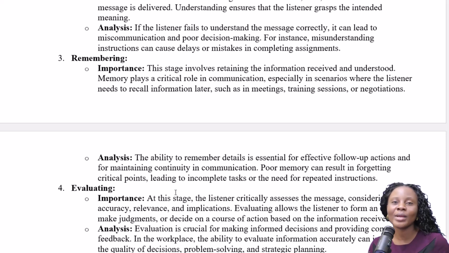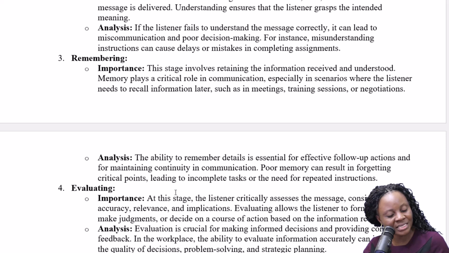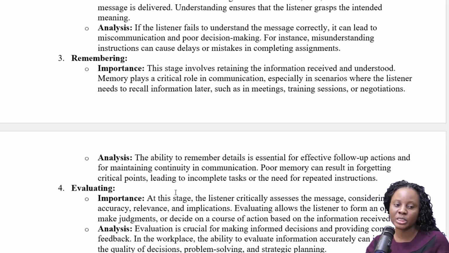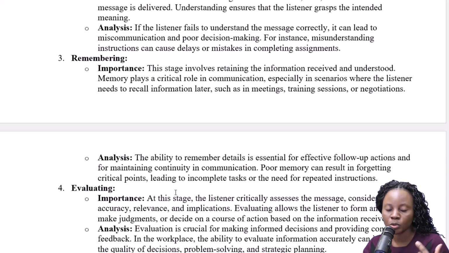So after evaluating, that is when you can respond. When you need to give feedback, you go sit down, understand the evaluation process, have whatever you felt was relevant, and use whatever is relevant in that communication to respond to the receiver or to the person you are supposed to respond to.